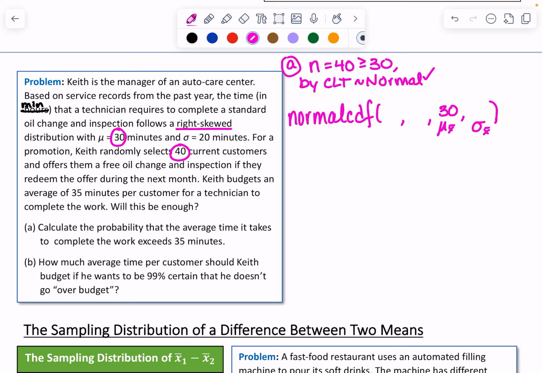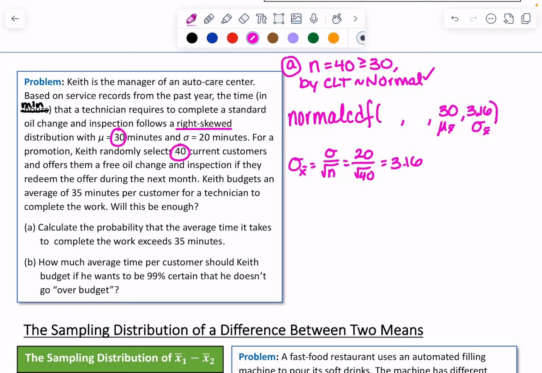I need to use the formula. The standard deviation of X bar is the old standard deviation over the square root of my sample size. So that would be 20 over the square root of 40, which is 3.16. So that's what I'll write in here.